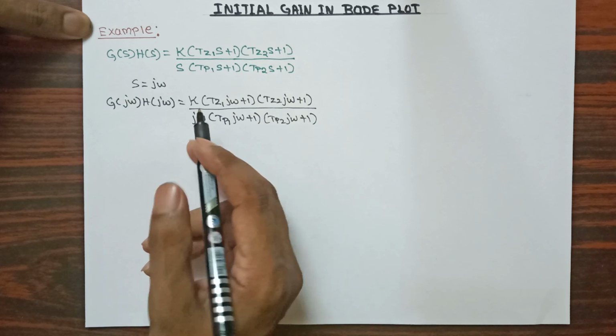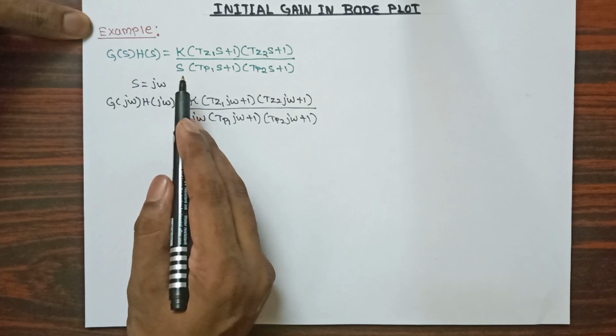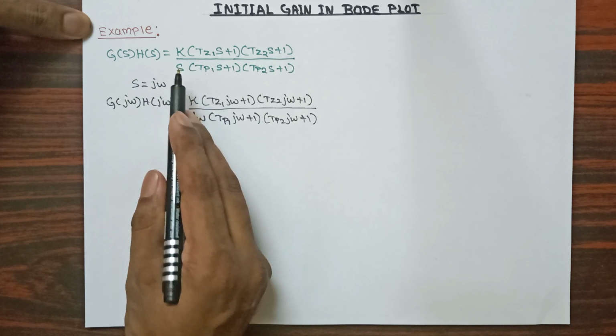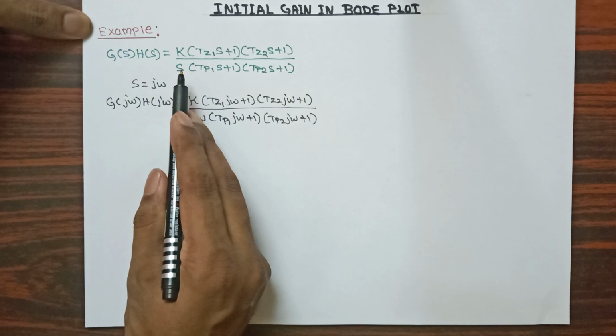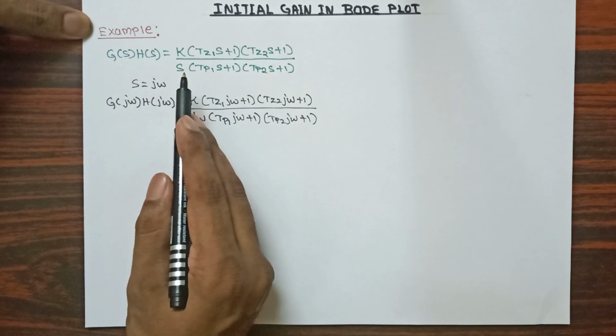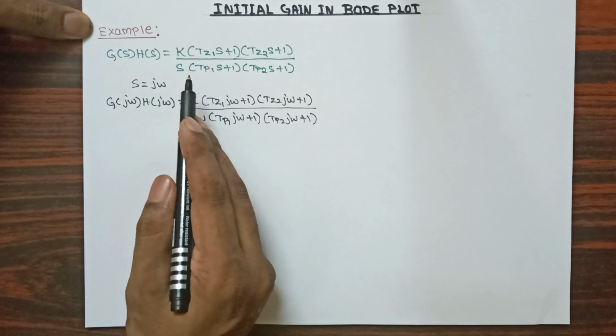As we know, if in the denominator you have s, that means one pole is at the origin. If s square, then two poles at the origin. In that way, a problem can have s to the power 2, s to the power 3 or s to the power 4 depending upon the problem. So we are going to consider these poles at the origin.